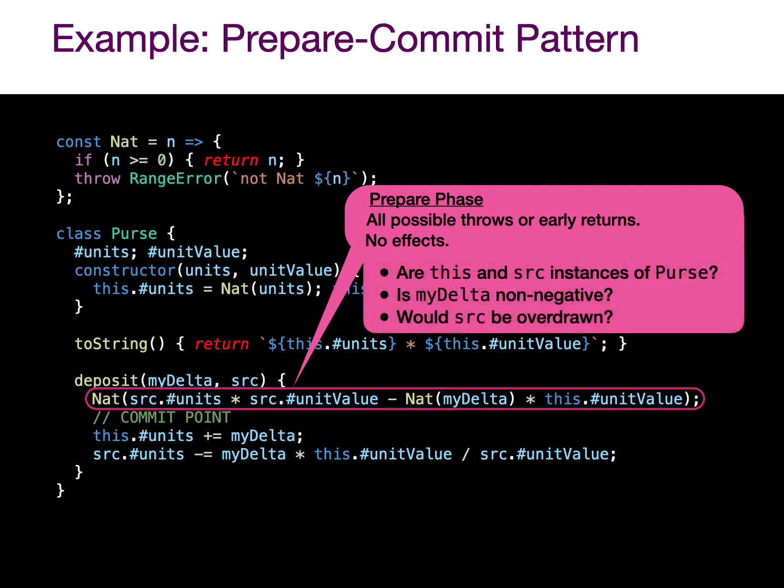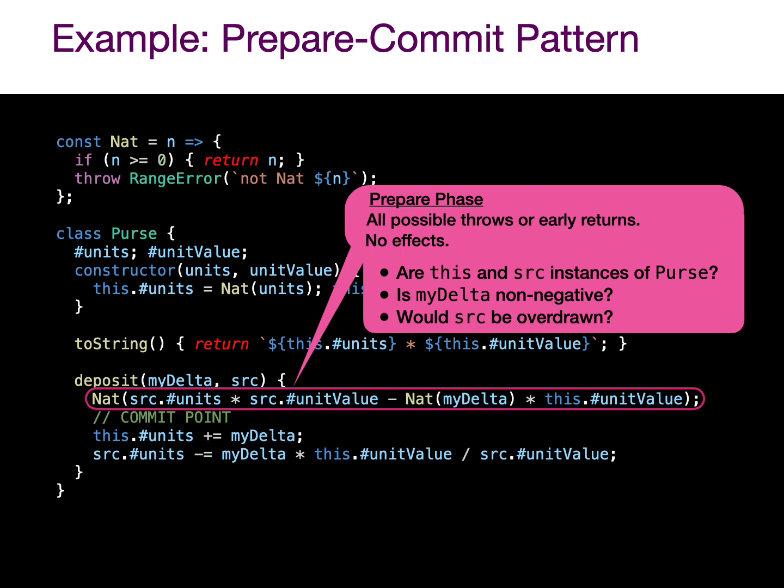And this particular prepare phase checks that this is an instance of the Purse class, that source is an instance of the Purse class, that my delta, the number of units we're transferring into this purse, the destination purse, is non-negative, and this outer NAT here with the two multiplies and the subtract is checking that source would not be overdrawn.